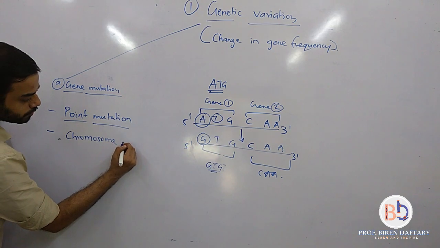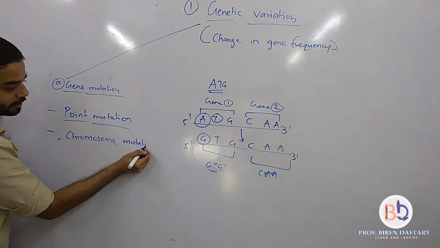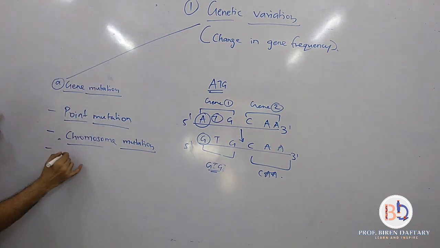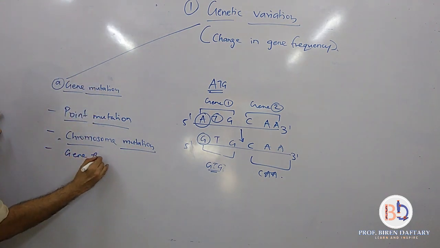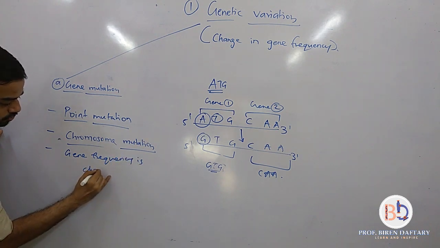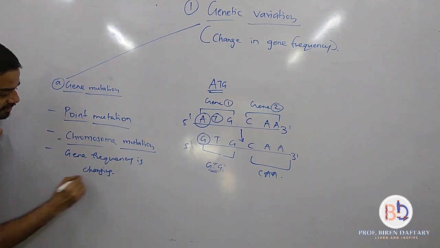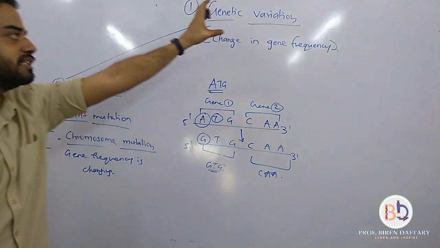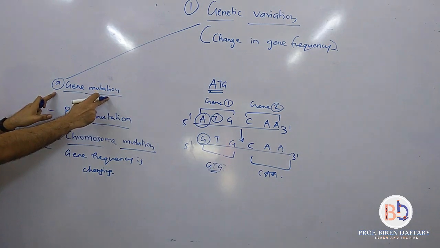So chromosome mutation is also taking place. And because of everything, the gene frequency is changing. So that is the first part under genetic variation. The first factor causing genetic variation is gene mutation.